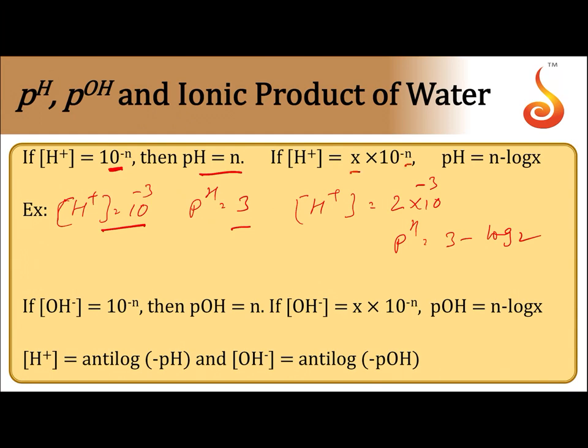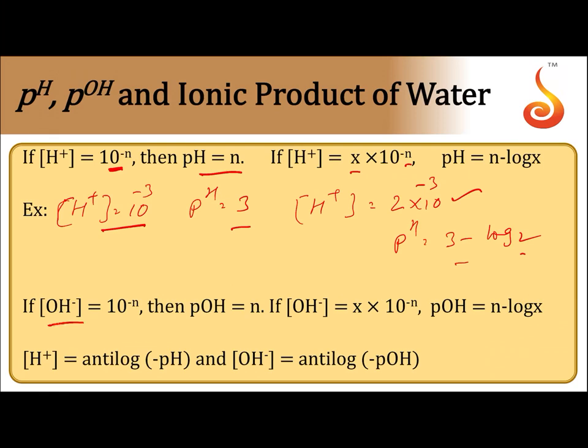So for x into 10 to the power of -n, it is going to be n minus log x, like this term, 3 minus log 2. Similarly, the same formula can be applied for OH minus ion also.